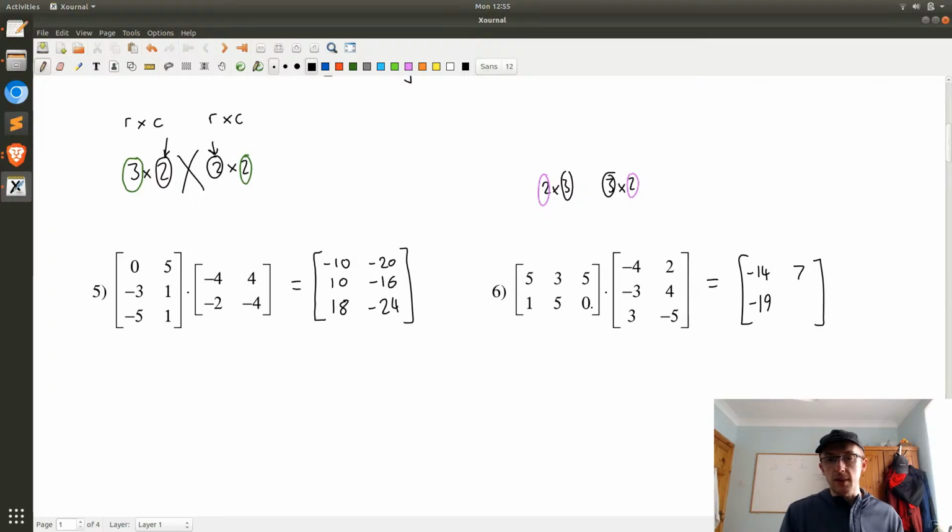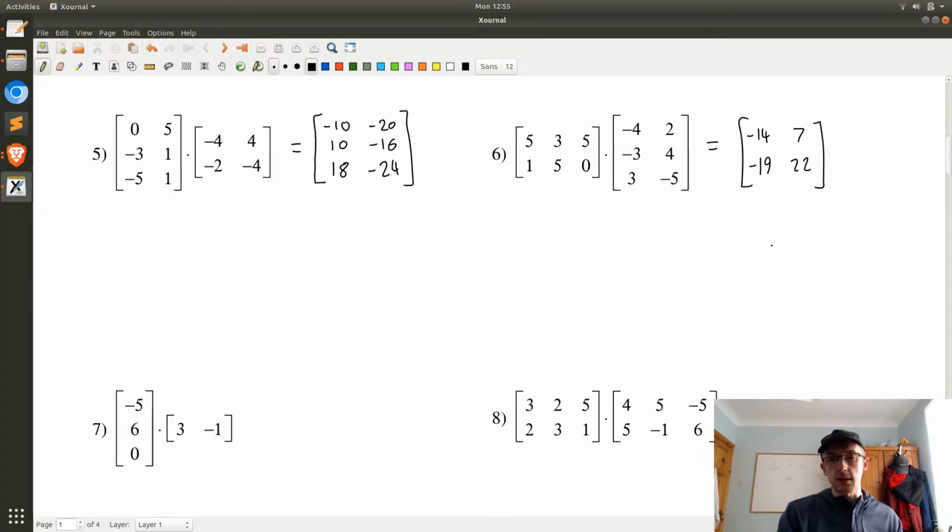Then 1, 5, 0 dot 2, 4, negative 5 is 2 add 20, which is 22. Let's check this. So it reads negative 14, 7, negative 19, 22.